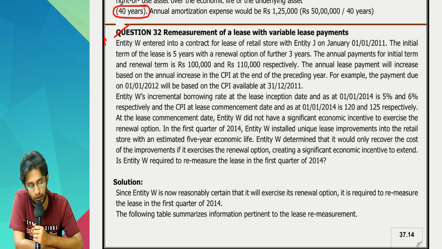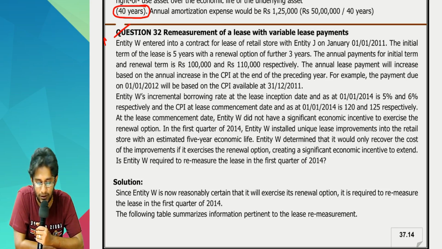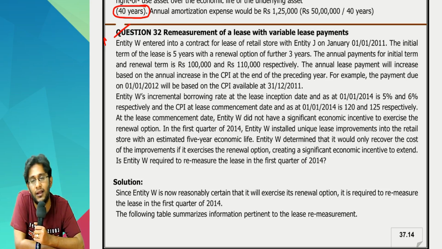But in the first quarter of 2014, entity W installed a unique lease improvement into the retail store with an estimated life of 5 years. In the retail store you install some other asset. The asset's life is 5 years. So entity W determined that it would only recover the cost of the improvements if it exercises the renewal options, creating a significant incentive to extend.